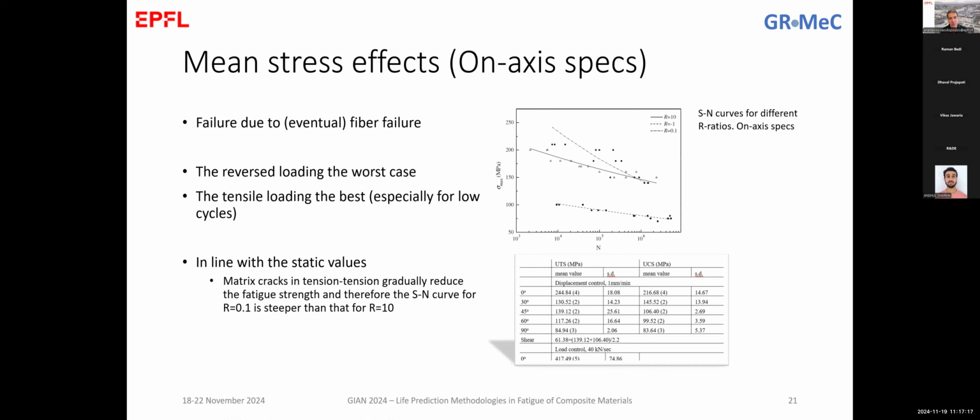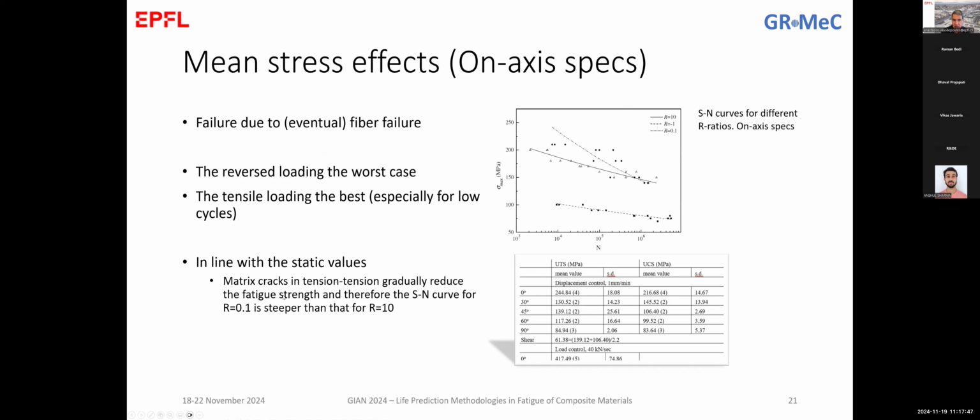So if we come back to analyze the mean stress effect on axis specimens, we see that the failure is due mainly to fiber failure. And the reverse loading is the worst case, and the tensile loading is the best. You see that it is at the highest levels in the beginning, and it becomes worse when we go to very, very long lives.